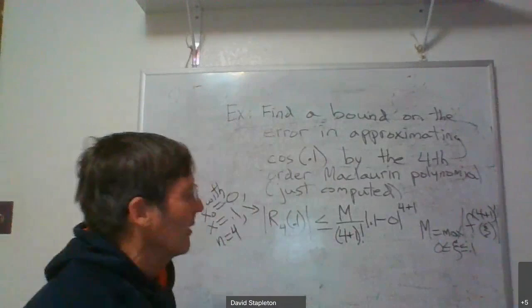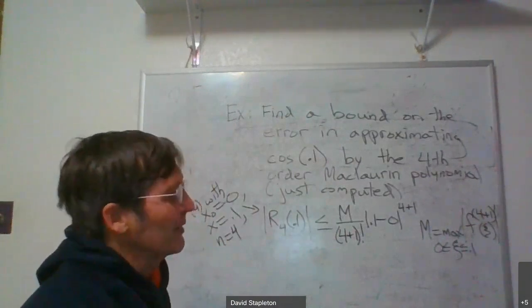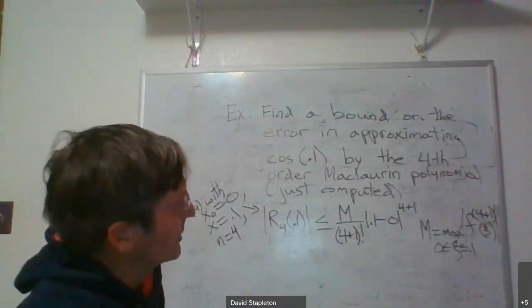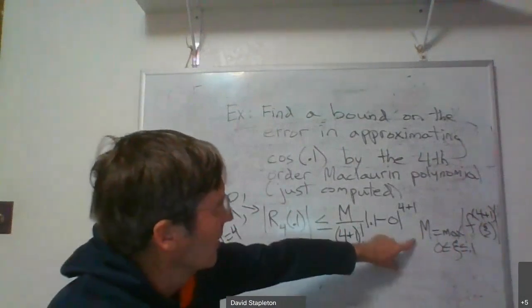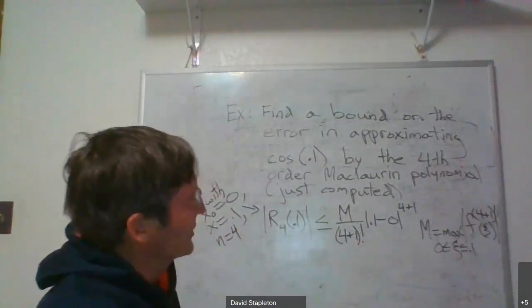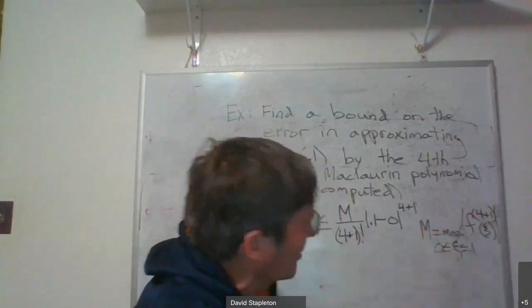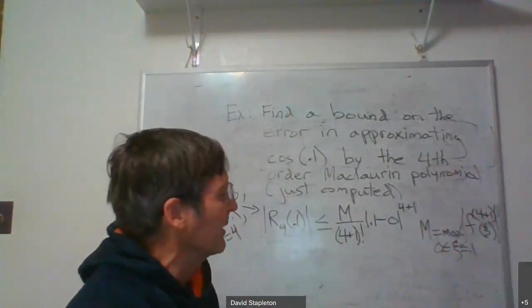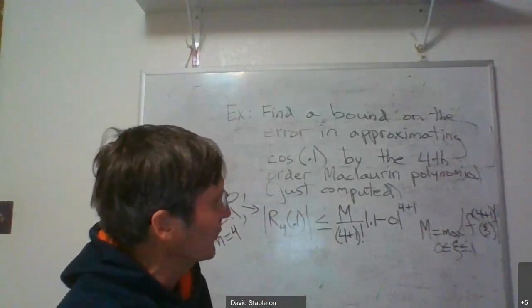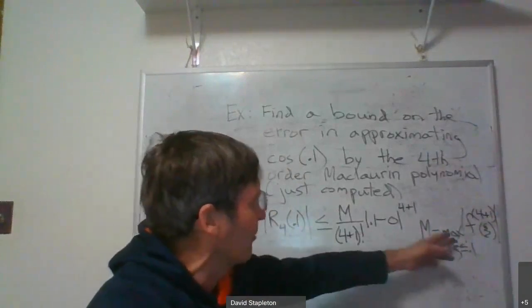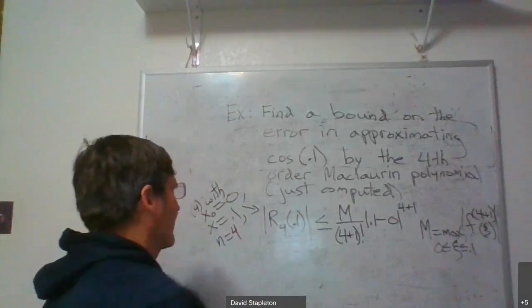The theorem says you can compute a bound when the fifth derivative is continuous. You can say actually it has a maximum, so you can say the bound is the maximum. For all our problems, the highest derivative we need will be continuous. Remember how that works in calculus 1?